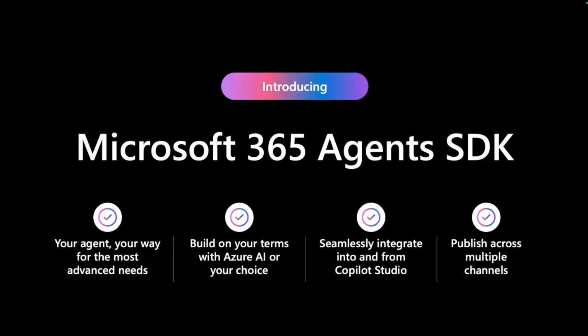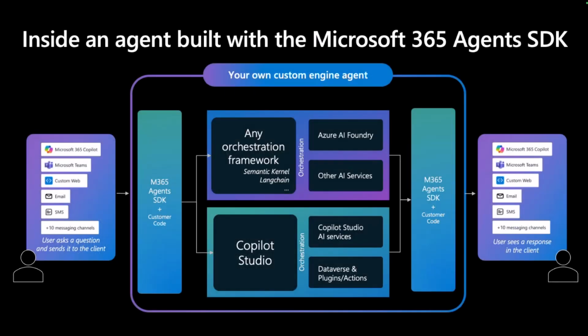That means you can add Semantic Kernel or any other orchestration framework you like to use, and you can design the entire thing custom. That's why we call it a custom engine agent, because you're building everything from scratch and designing enterprise-ready architecture. Having said that, it's not as complex as it sounds, and we will have a look at how you can actually get started building one of those.